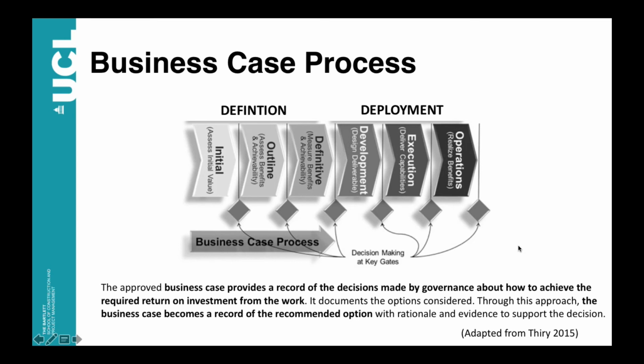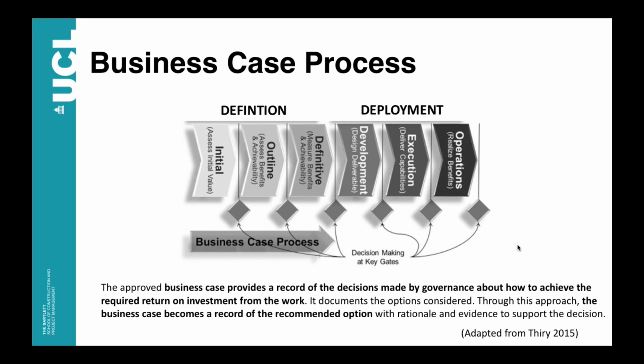Another important aspect about the business case is that this document can provide a record of decisions made by top management in order to justify the realization of the project and the economic and strategic decisions that support this project.